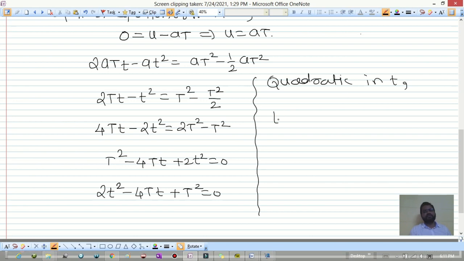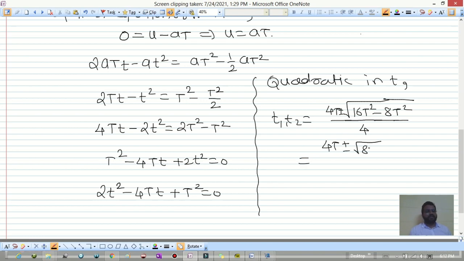We can have the roots t1, t2, and that is equal to minus b, that is 4T, plus or minus square root of b squared, that is 16T squared, minus 4ac, that is 8T squared, divided by 2a, that is 4. So if you take T common from the above, it will be 8T squared divided by 4.